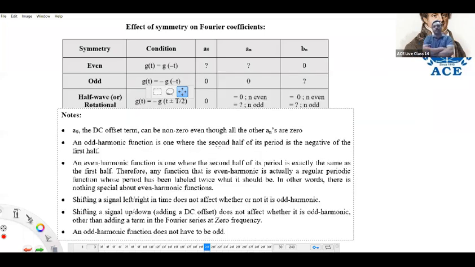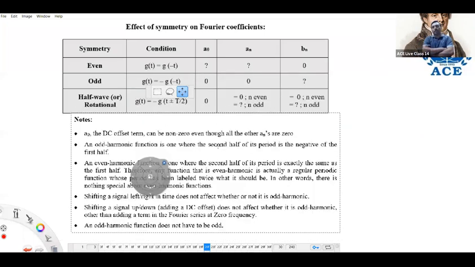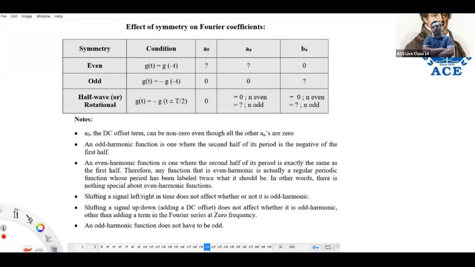These are the table conditions. Generally, we are using three forms of symmetry: even symmetry, odd symmetry, half wave or rotational symmetry.